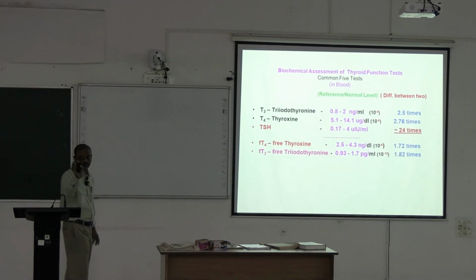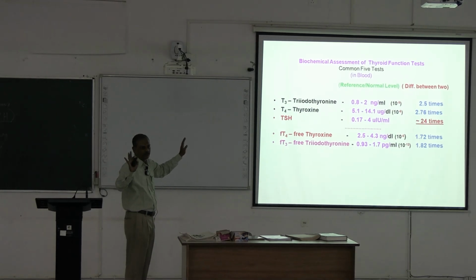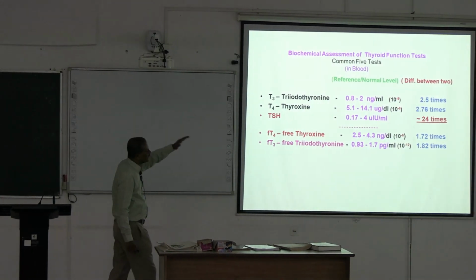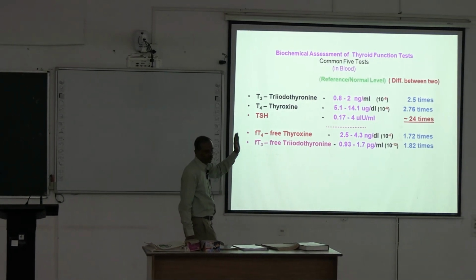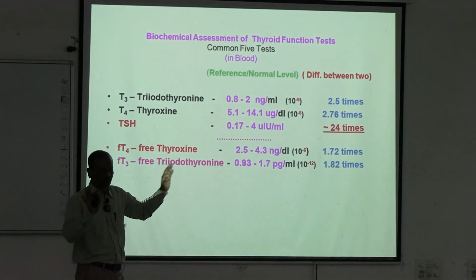See, if you look at any parameter in biochemistry, there is a range between the lower and upper limit, and the difference is usually 2 times, not more than 2 times.